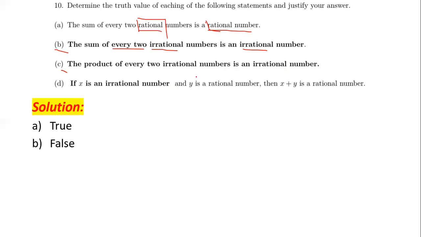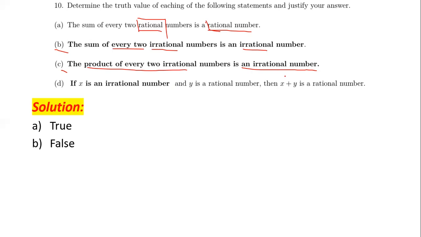The third one, that is C: the product of every two irrational numbers is an irrational number. Just to falsify this one, we know, for example, that radical 2 is a usual irrational number.